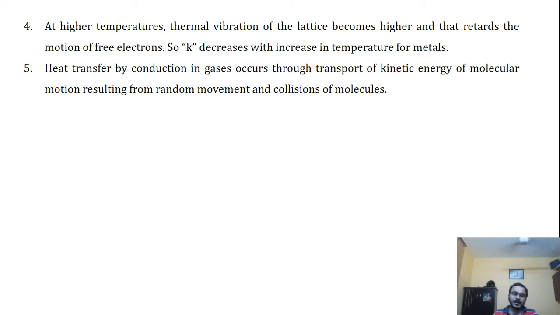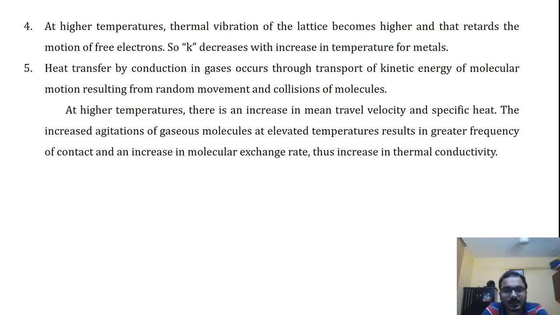Heat transfer by conduction in gases occurs through the transport of kinetic energy of molecular motion, resulting from random movement and collision of molecules.